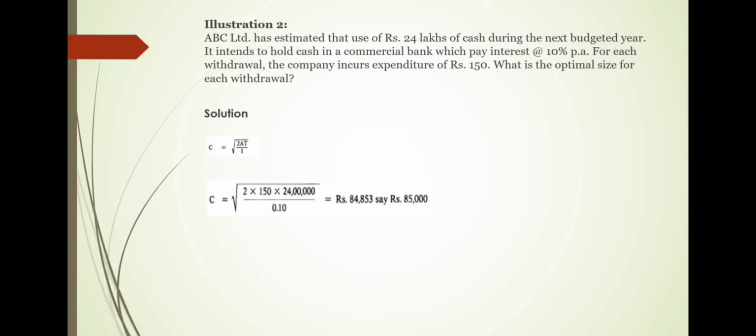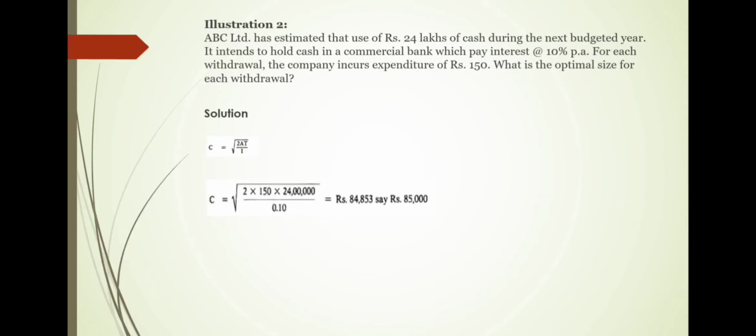Okay, the solution to this will be again the same formula. C is equal to root of 2BT divided by I, and then it will be C is equal to 2 into 150. That is the expenditure which is given in the problem.